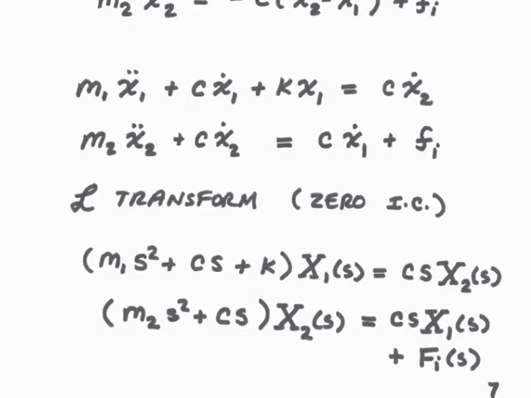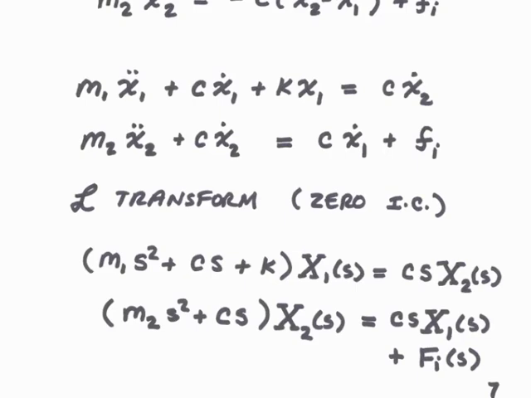We'll now do a bit of algebra. We'll move the x1 terms in the first equation to the left-hand side, and we'll move the x2 terms in the second equation to the left-hand side. And we'll have m1 x1 double dot plus c x1 dot plus k x1 equals c x2 dot, and m2 x2 double dot plus c x2 dot equals c x1 dot plus Fi.